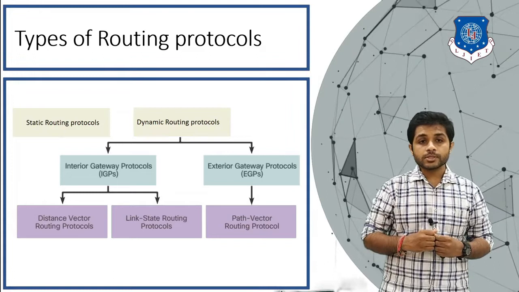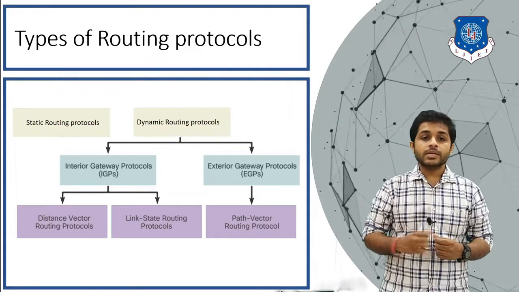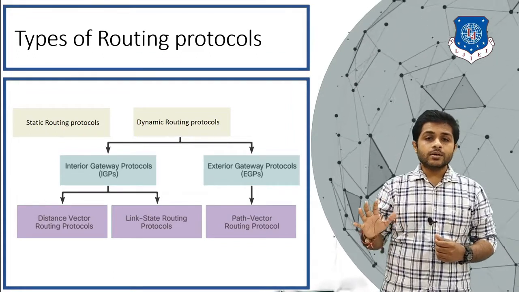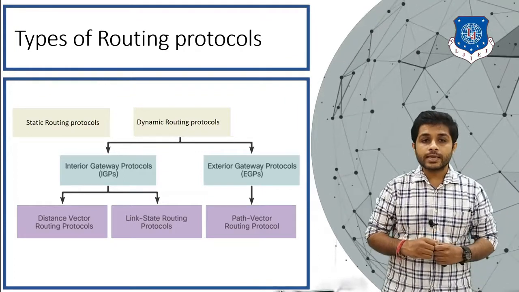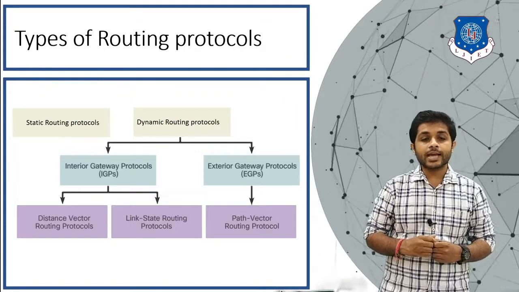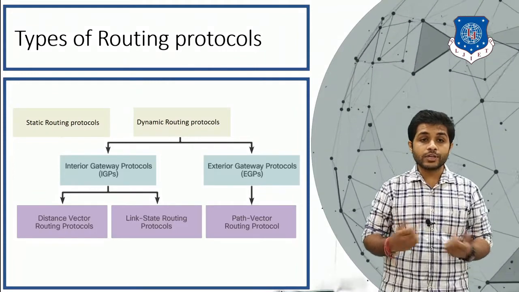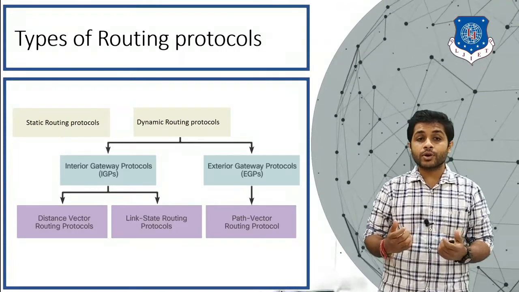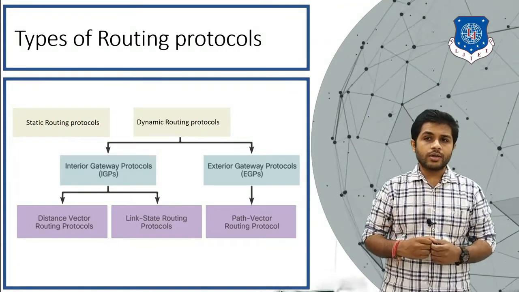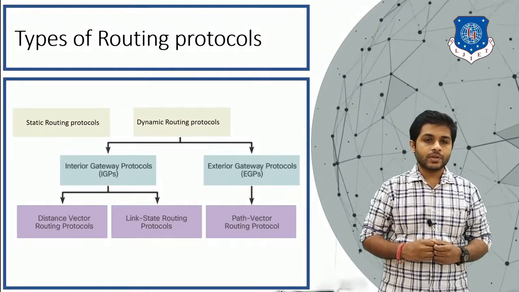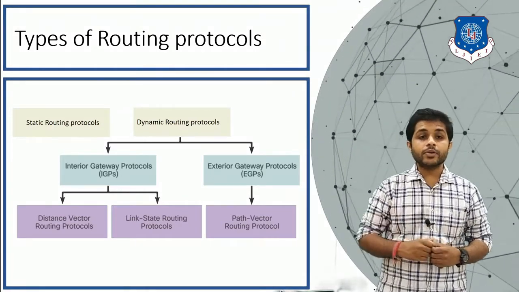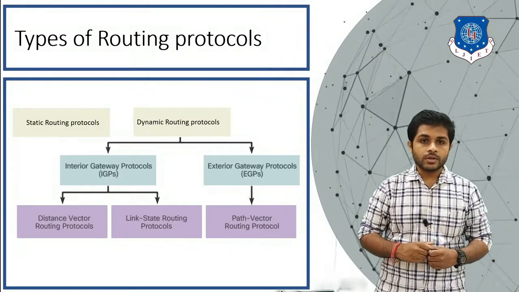What is an autonomous system? An autonomous system is a network in a comparatively small geographical area. For example, it can be the network at your office, or the network at your college or in your lab. So there, interior gateway protocols are used.